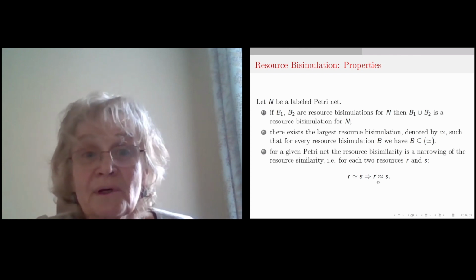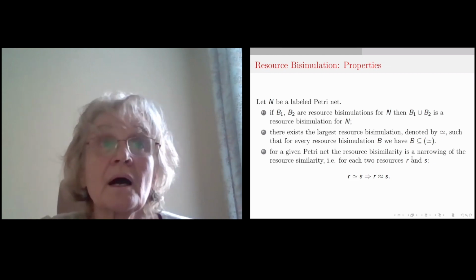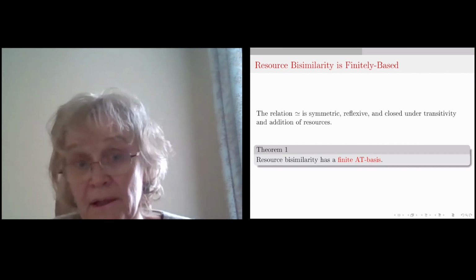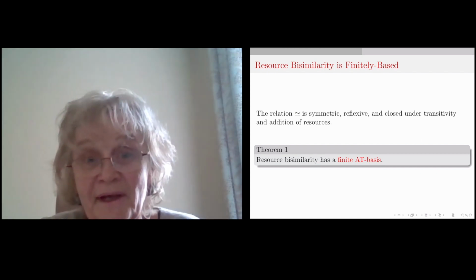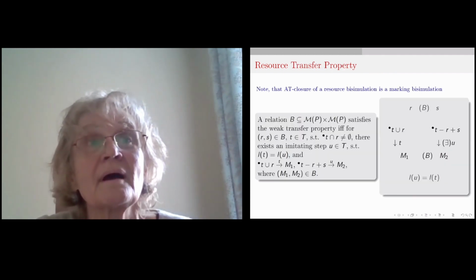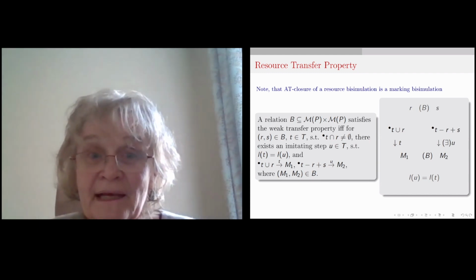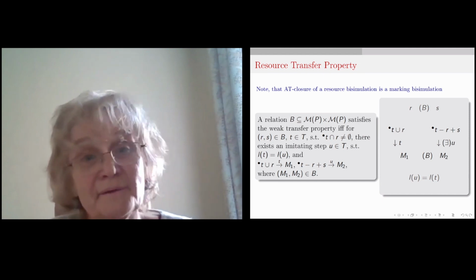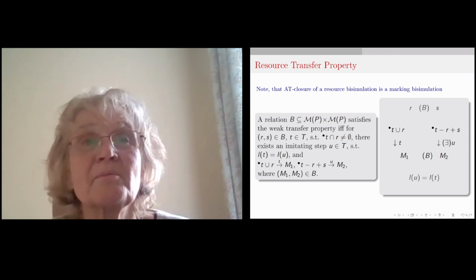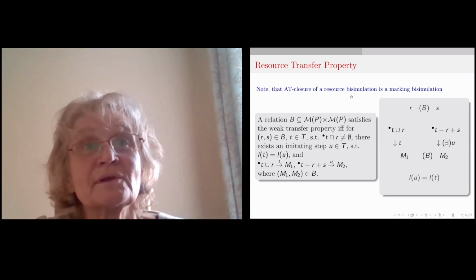So it is a narrowing of marking bisimulation. It is a congruence, it has an additive transitive basis, and it can also be characterized by a transfer property, but of a special kind, which is called the resource transfer property.